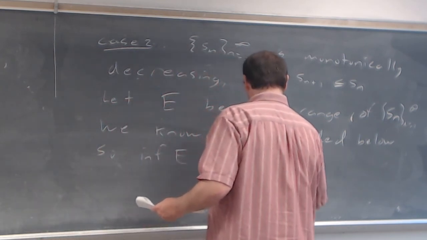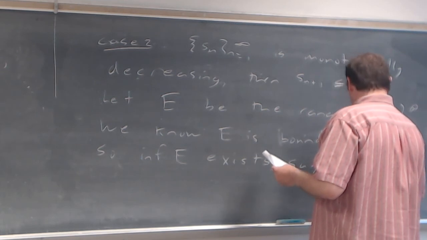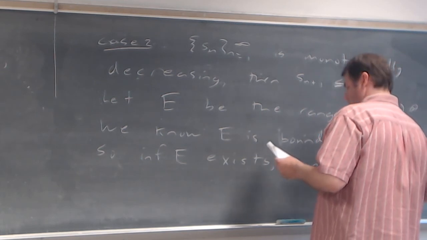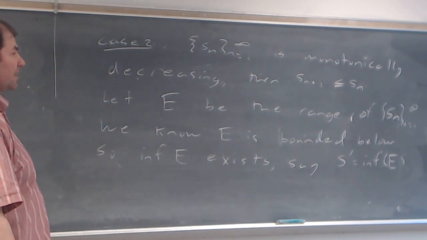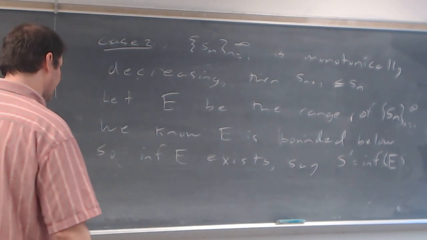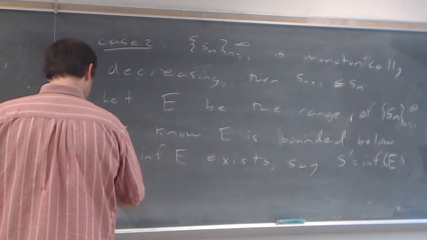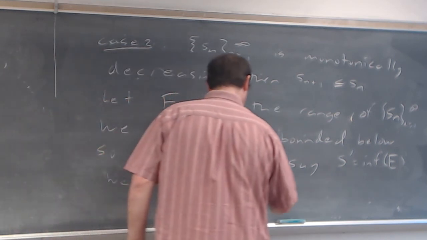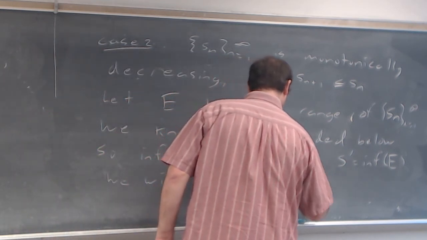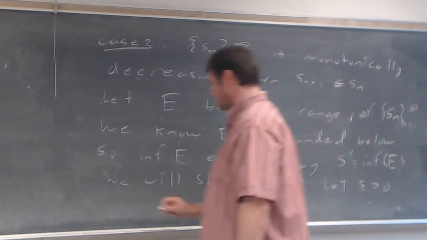So we know that the infimum exists. Let's give it a name. Let's call it S prime. And what we're going to do is show that S of n converges to S prime in this case. So we're going to let epsilon be greater than 0 be given.